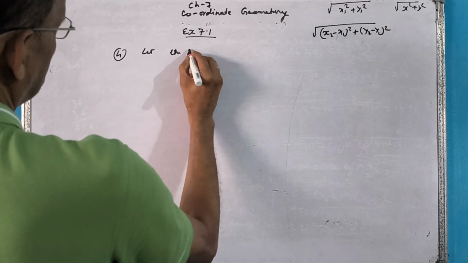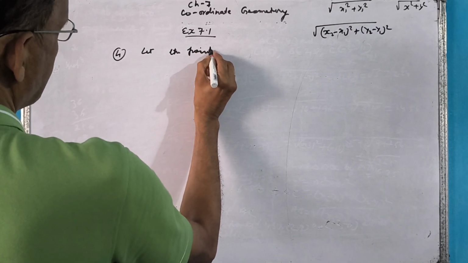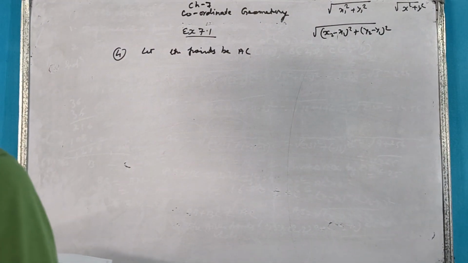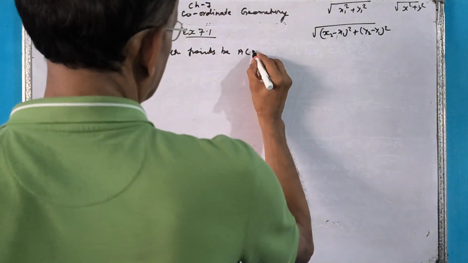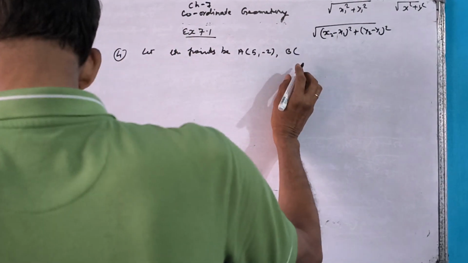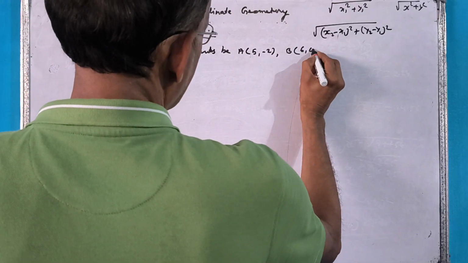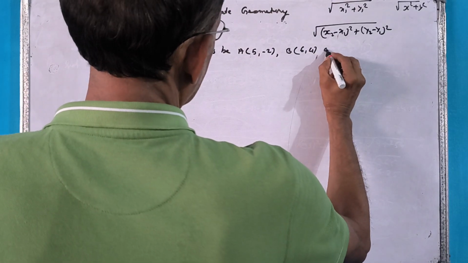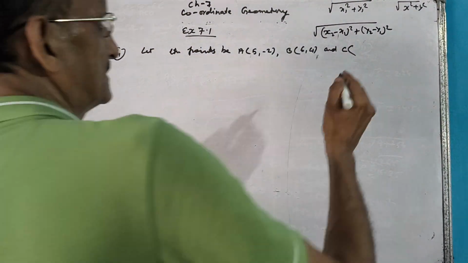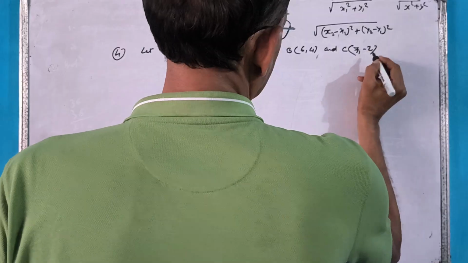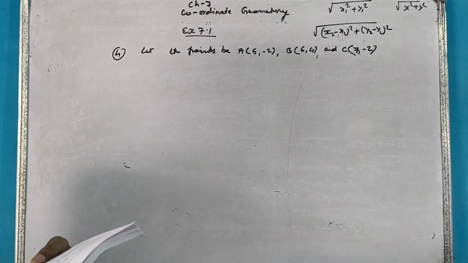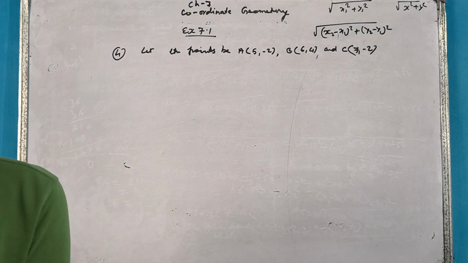Let the points be A (5, -2), and name the second point B, which is (6, 4), and C, the third point, is (7, -2). We need to verify whether these are the vertices of an isosceles triangle.